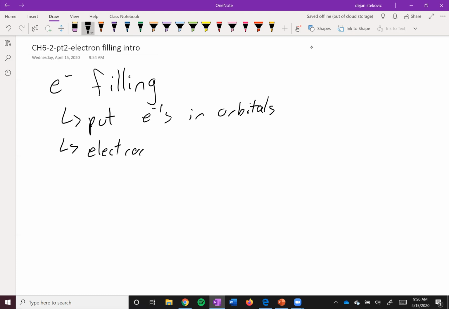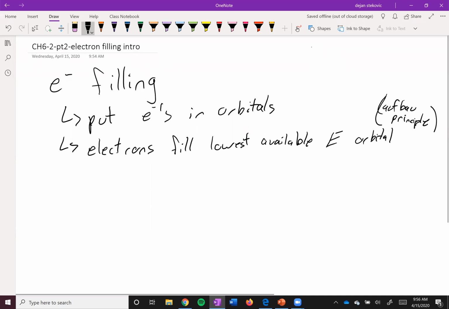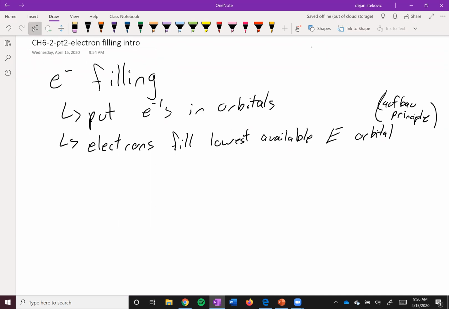So electrons fill the lowest available energy orbital. This is called the Aufbau principle. You don't have to know the name, you just have to understand the idea. Electrons fill from low energy to high energy.